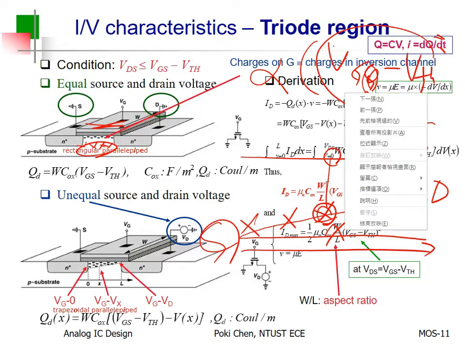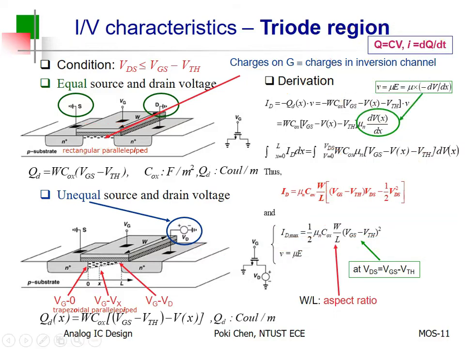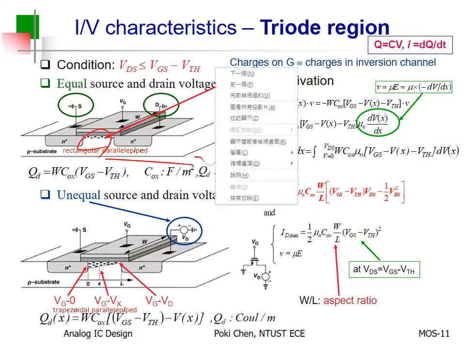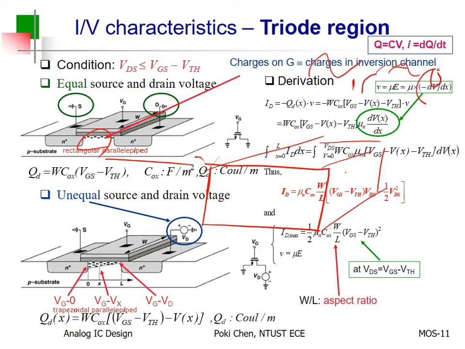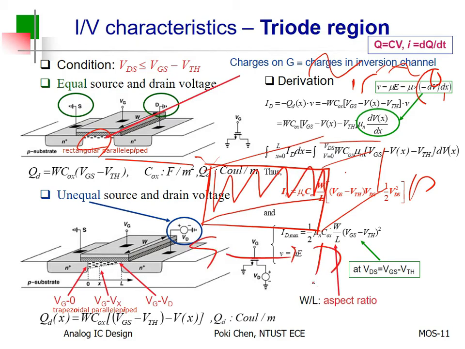From the very beginning, as I mentioned already, you have this rectangular parallel pipe, assuming VDS is very close to 0. However, if you increase the voltage at the drain, it will become this one. The channel depth will be reduced from source all the way to drain linearly.